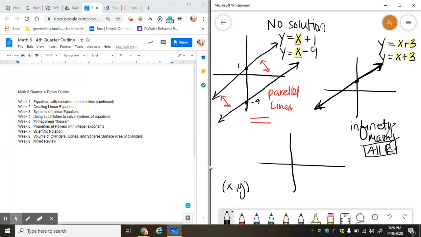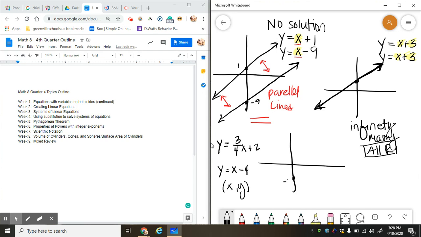Now, if there is an actual solution, it has one point where they crisscross, and it's going to look different. So y equals 3/4 x plus 2, and then y equals x minus 4.